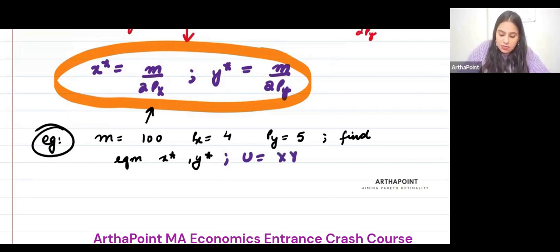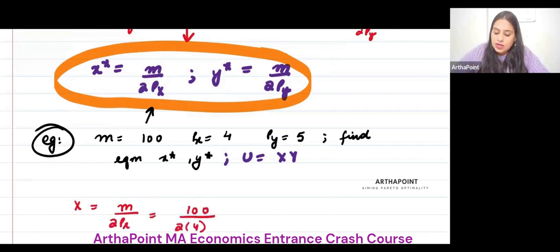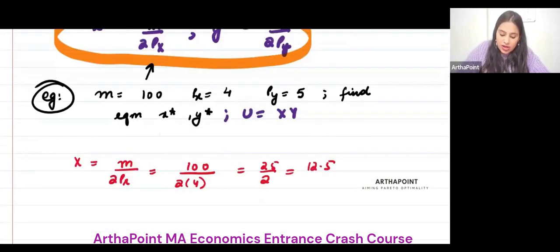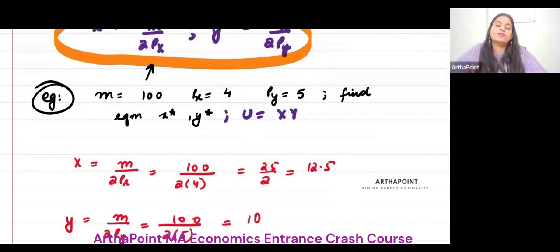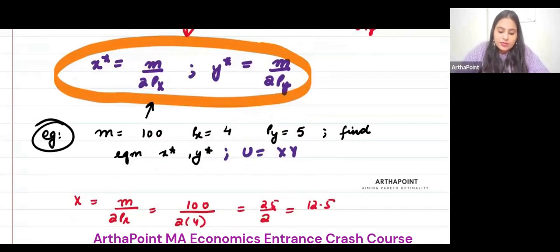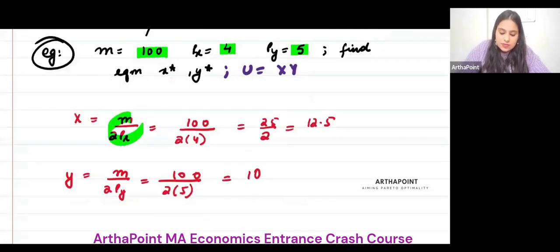So then my X will be M by 2Px, 100 by 2 into 4, that means 25 by 2. And my Y will be M by 2Py, 100 by 2 into 5. So I just used this formula that I defined. I just plugged in M, Px, Py in this and I got the answer as 12.5.